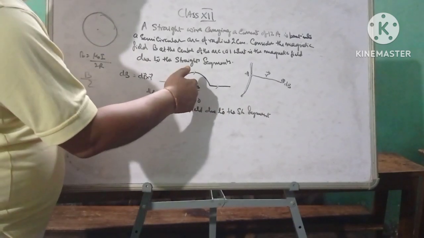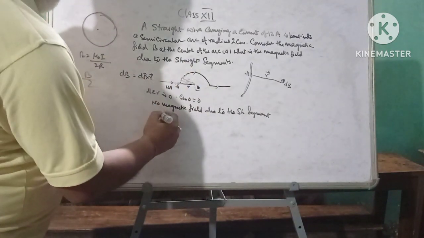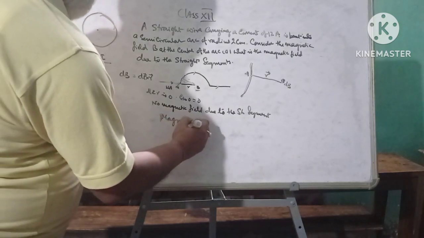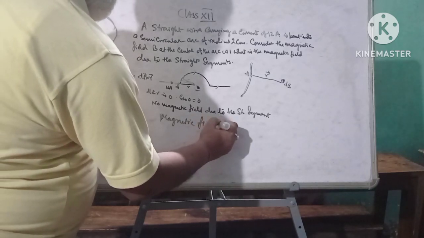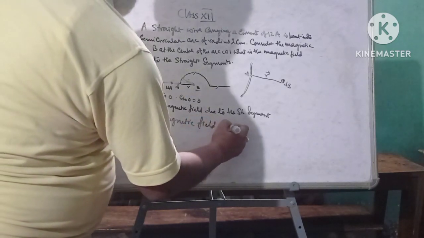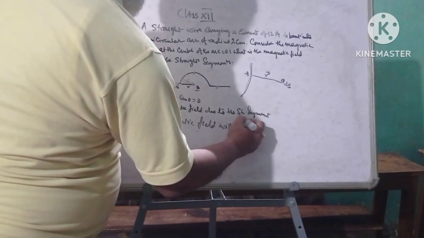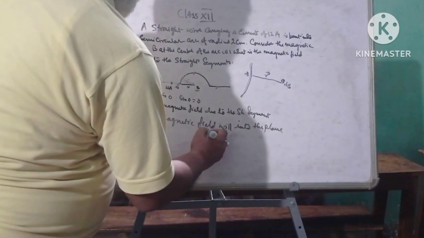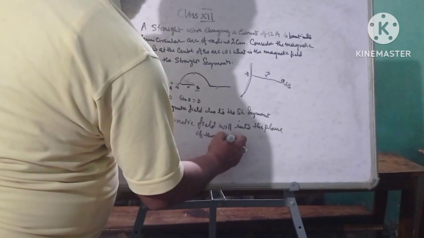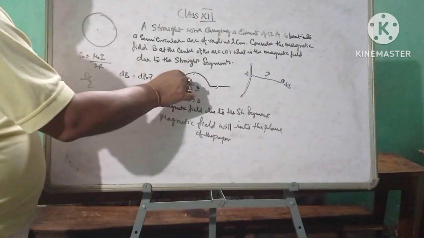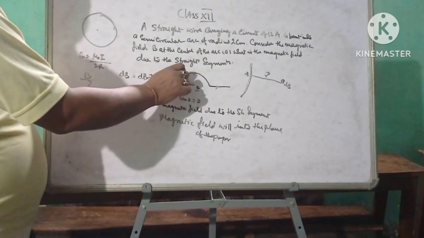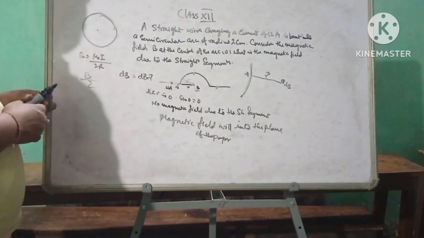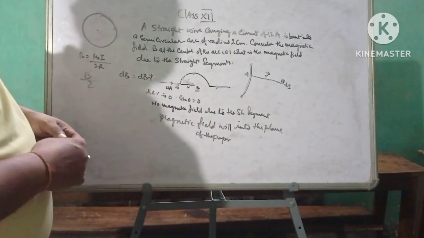So the magnetic field will be into the plane of the paper, like tightening a screw. So the direction will be perpendicular to the plane, into the plane of the paper.